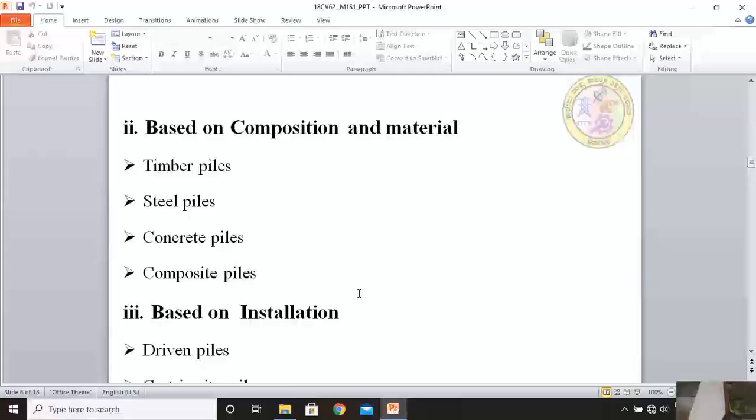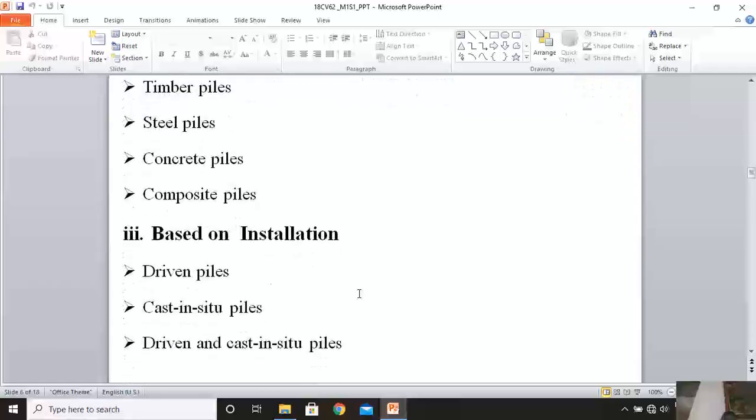Piles are also classified based on installation, that is driven piles, cast in situ piles, and driven and cast in situ piles. So these are the classifications of piles.